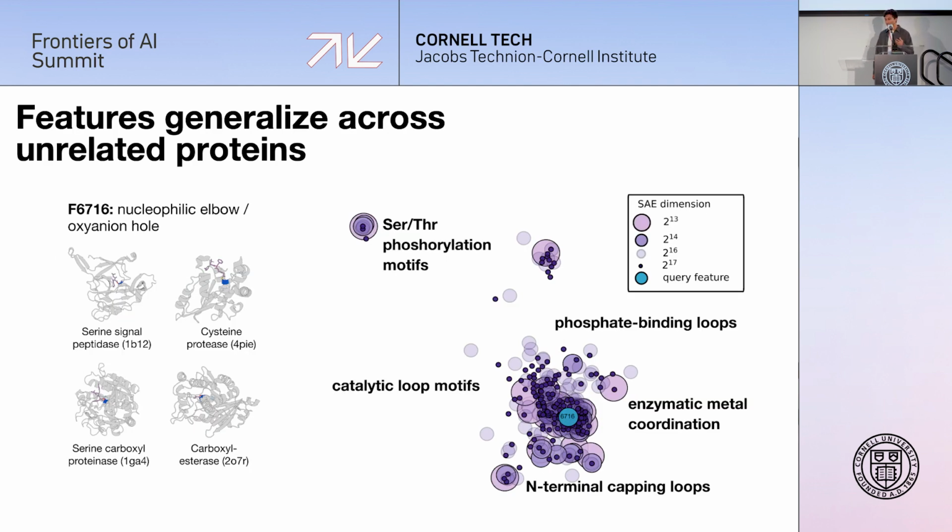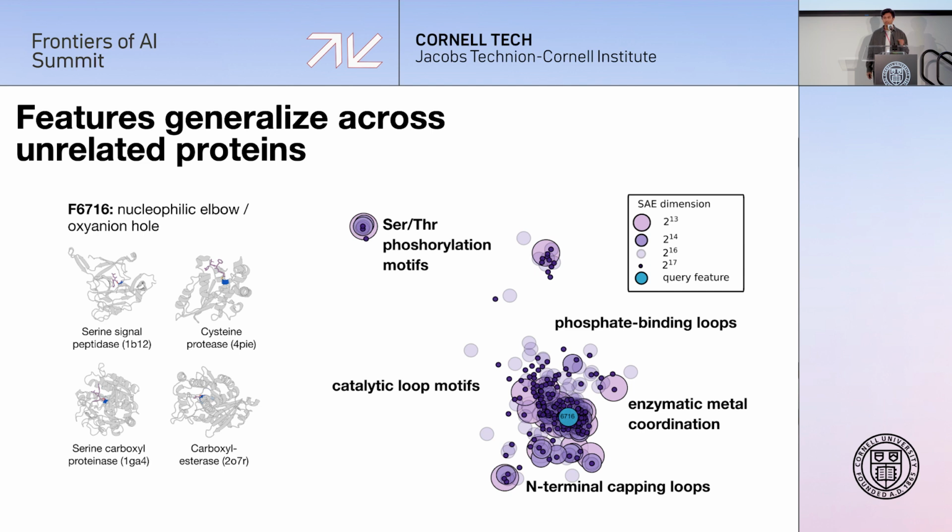There's this particular motif called a nucleophilic elbow, where a particular type of chemistry is really useful across a large space of biology, and because it's so useful, it's evolved convergently multiple times in unrelated proteins.